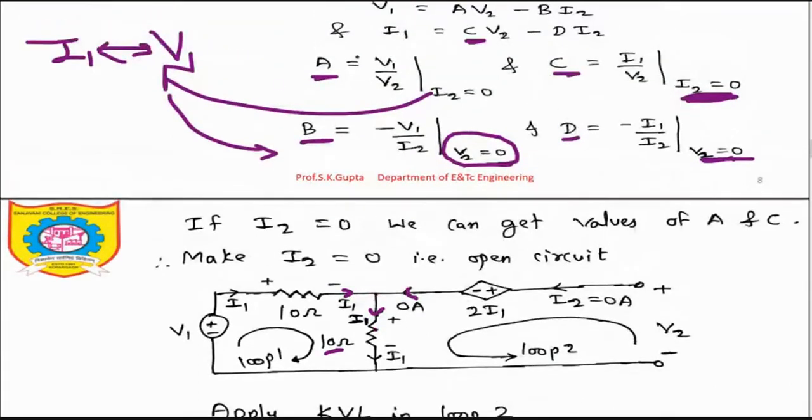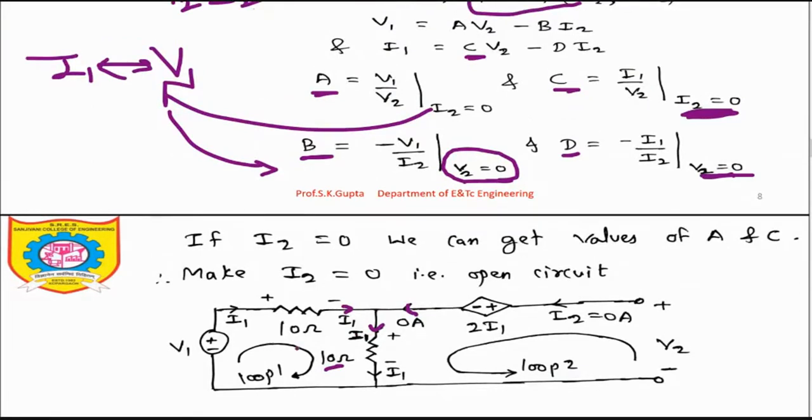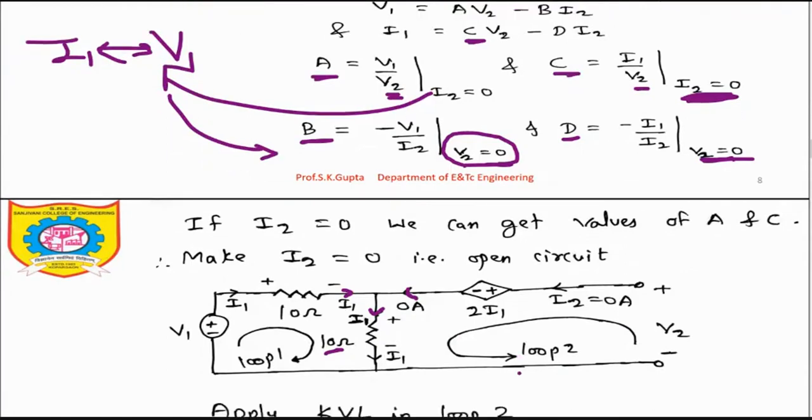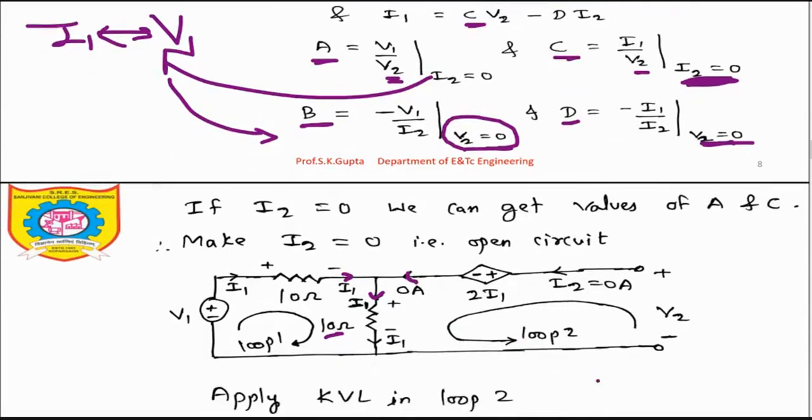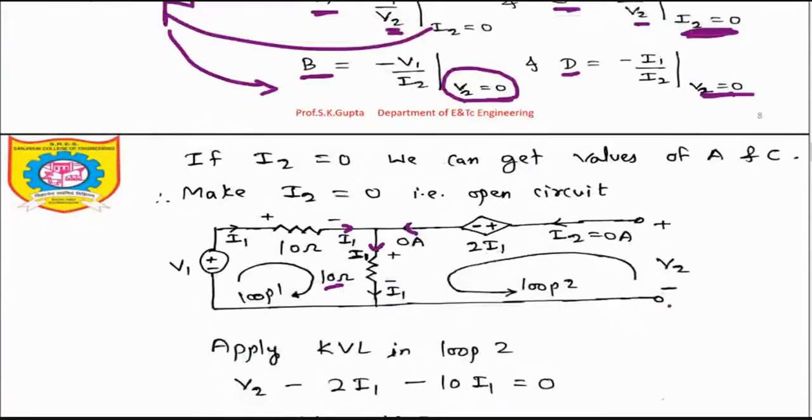As you can see, A is V1 upon V2 and C is I1 upon V2. If I apply KVL here, I cannot get V2, because V2 is present in the formulas of A and C. So I must apply KVL in loop number 2. What will be the KVL equation? Suppose I start from minus to plus: plus V2.